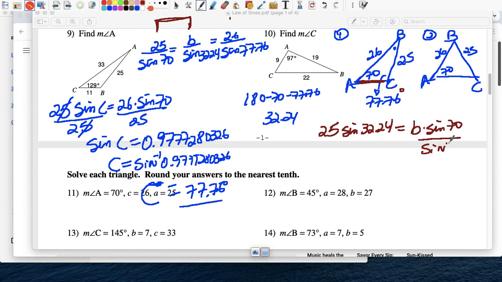Let's simplify, divide both sides by sine of 70. This one is easy. Then I get little b: 25 times sine of 32.24 divided by sine of 70. Enter. It gives us that little b is 14.19. So this guy here measures 14.19. So that's all triangle 1.